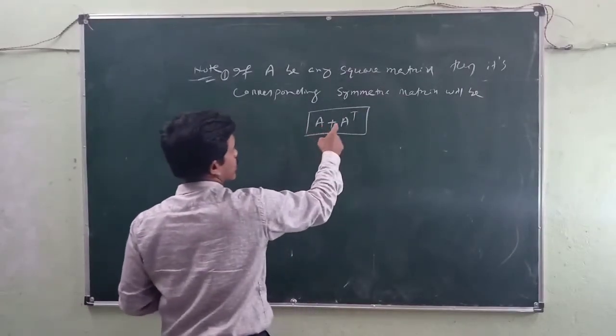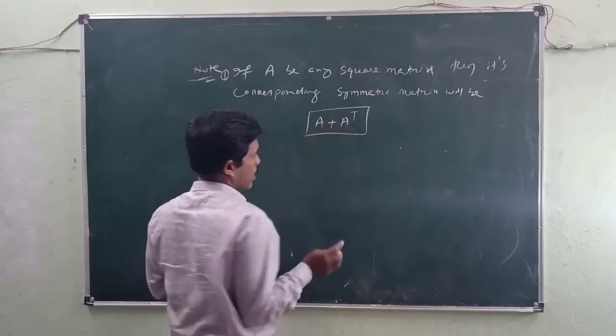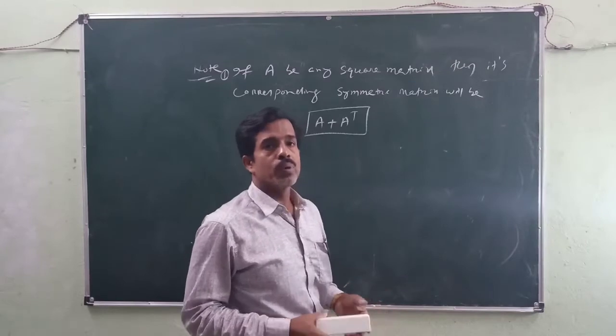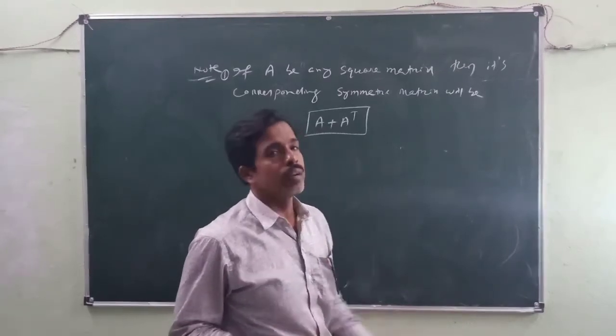That means you first find A transpose, then you add these two, which gives you the corresponding symmetric matrix.